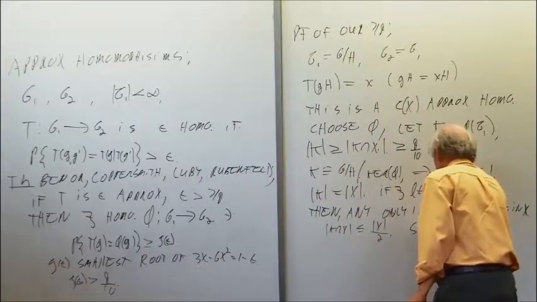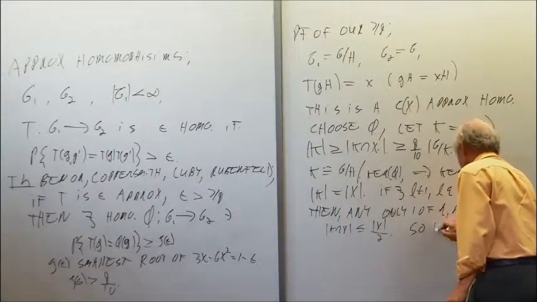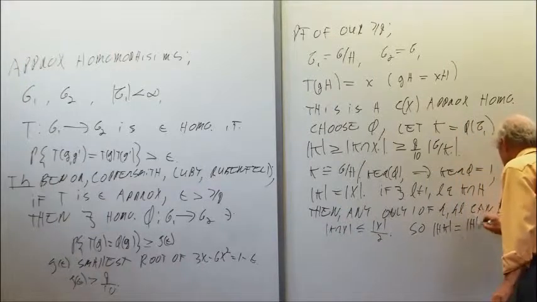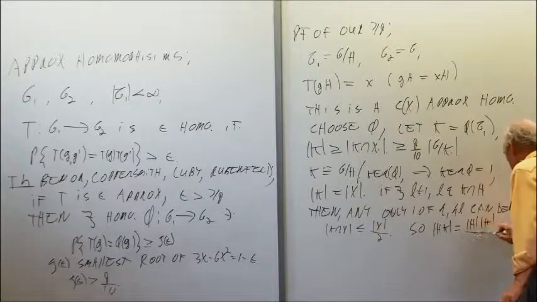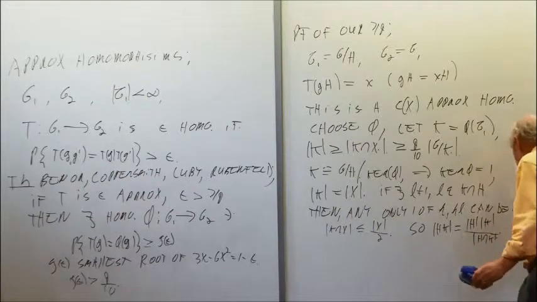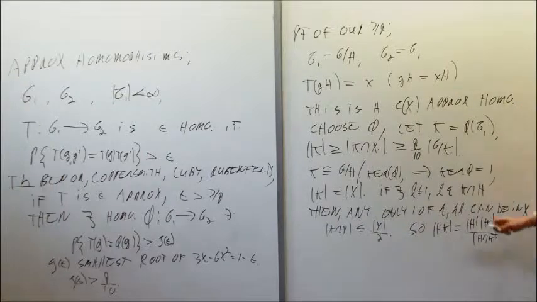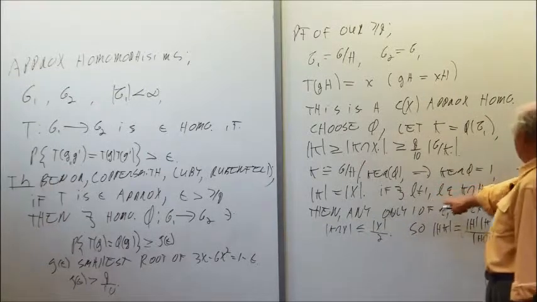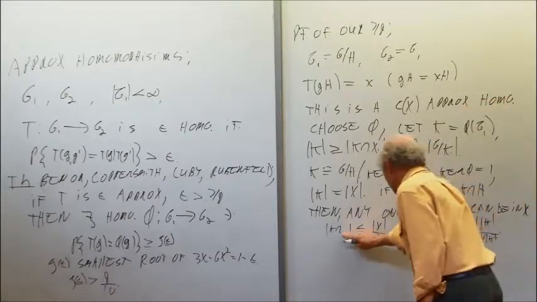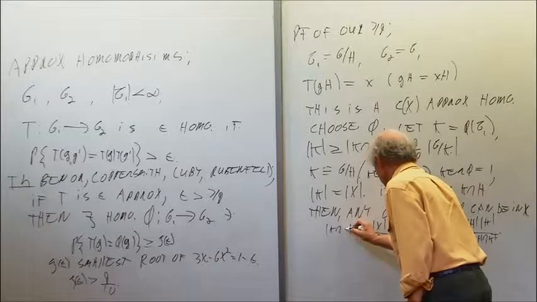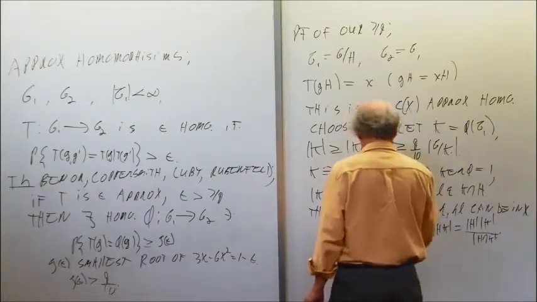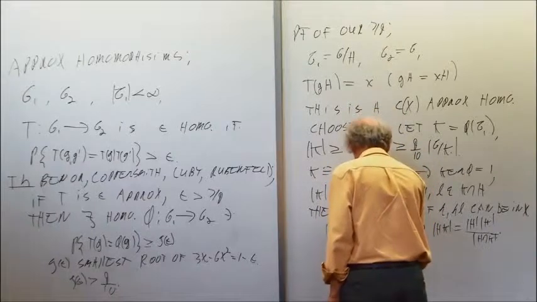So, since the size of HK is equal to the size of H times the size of K divided by the size of the intersection, sorry, this should have been, this is fine. No, I want that this is 1.